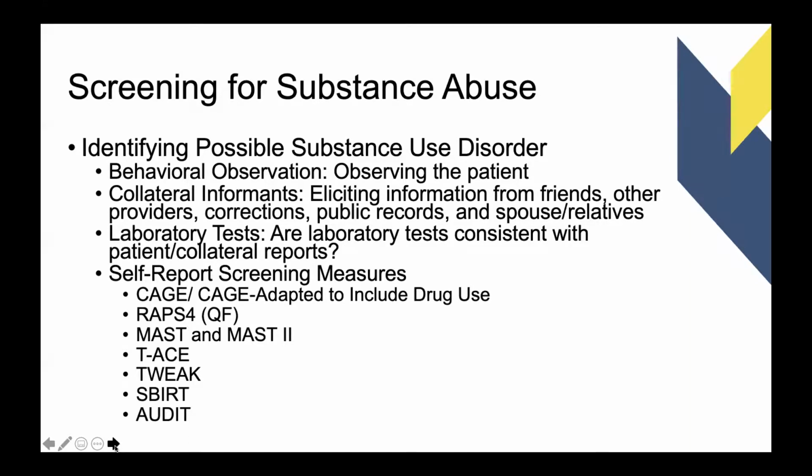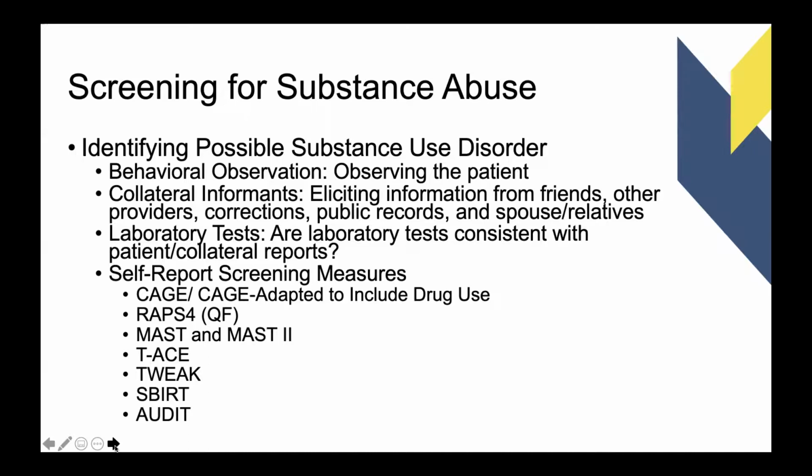Laboratory tests. Are laboratory tests consistent with patient collateral reports? This can include the UA. Like I said, sometimes medical professionals have sent people to us because maybe their blood work is showing some possible signs of liver damage.